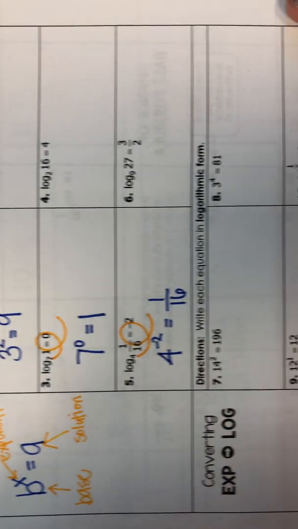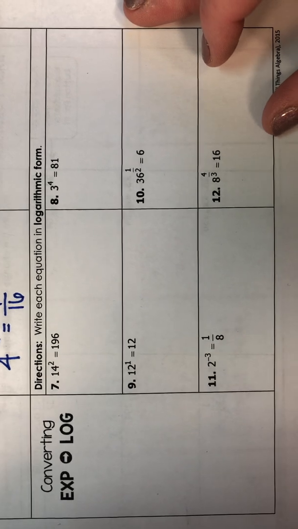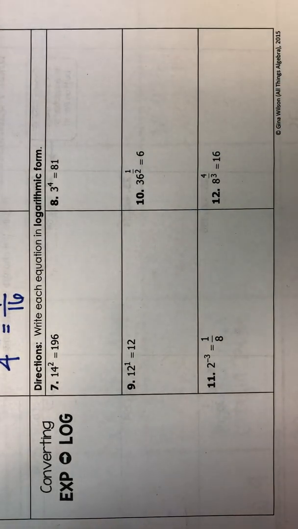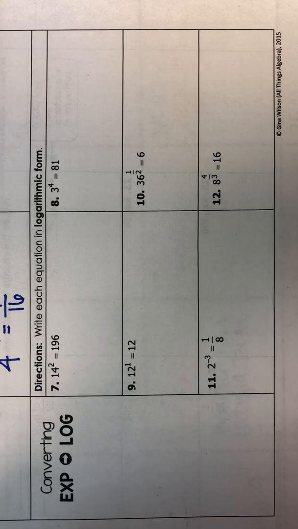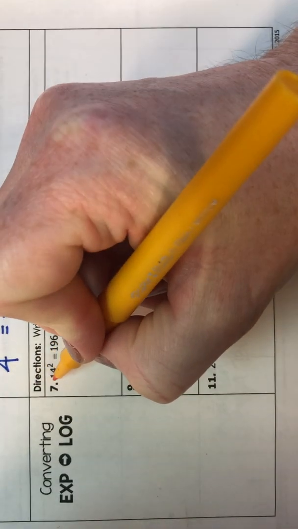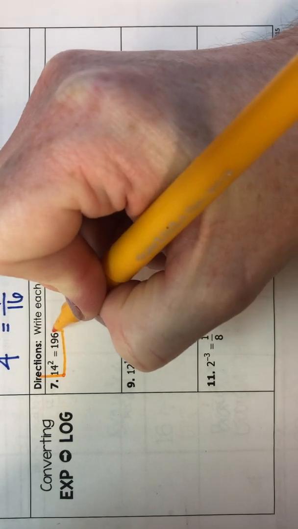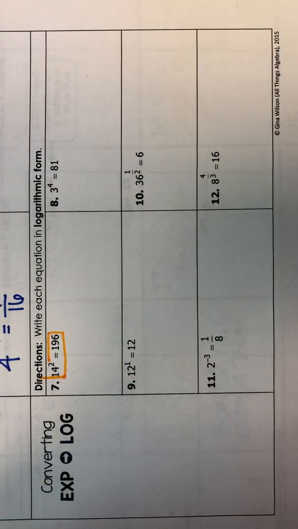Okay? Now, if I want to write them the other way, if I want to take the exponential form and put it in logarithmic form, I'm going to draw an L, kind of like a little block letter L, okay? So I'm going to start over here. I'm going to come down through the 14, over to the 196, and end at the 2.